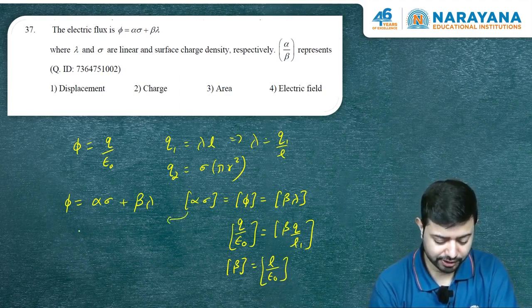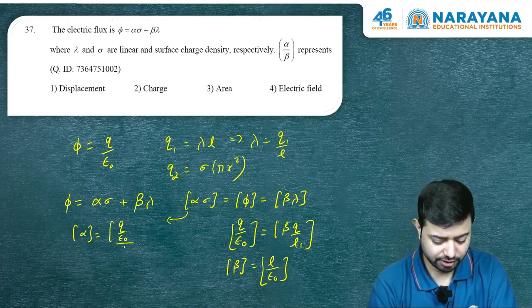Now, what about alpha, similarly? From this part we can get the dimension formula of alpha as the dimension formula of flux, which is Q by epsilon naught, divided by sigma. Sigma is Q by the area, that is pi r square. So, overall this has dimension formula of pi r square by epsilon naught.